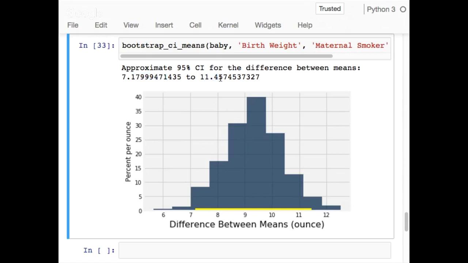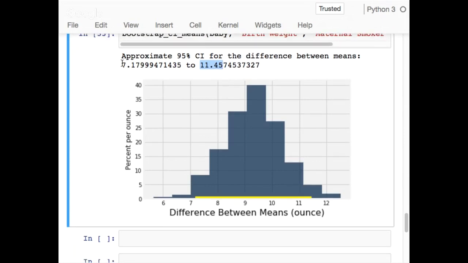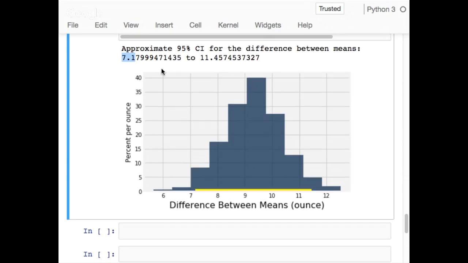So we can conclude that chances are there's probably about this much difference in the population. So it looks like for mothers who did smoke, their babies weighed about 7 to 11 ounces less. That's the association that we can see there. So we get not only which ones weighed more, but also a range of values that we think are possible. Very convenient. Cool.